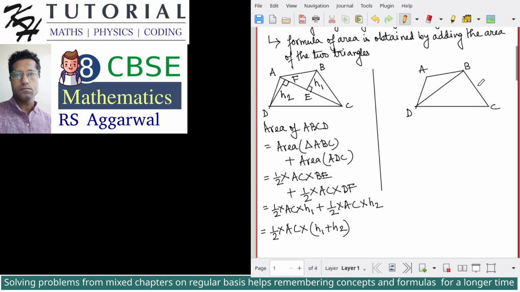So BD will now divide the entire quadrilateral into triangle ADB and BDC. So we have area of ABCD, that is the quadrilateral ABCD, will be equal to area of triangle ADB plus area of triangle BDC.